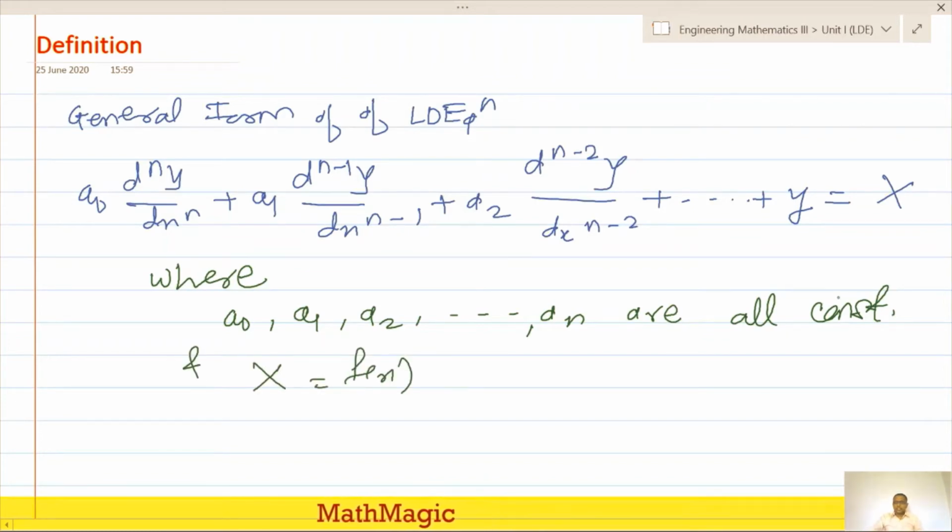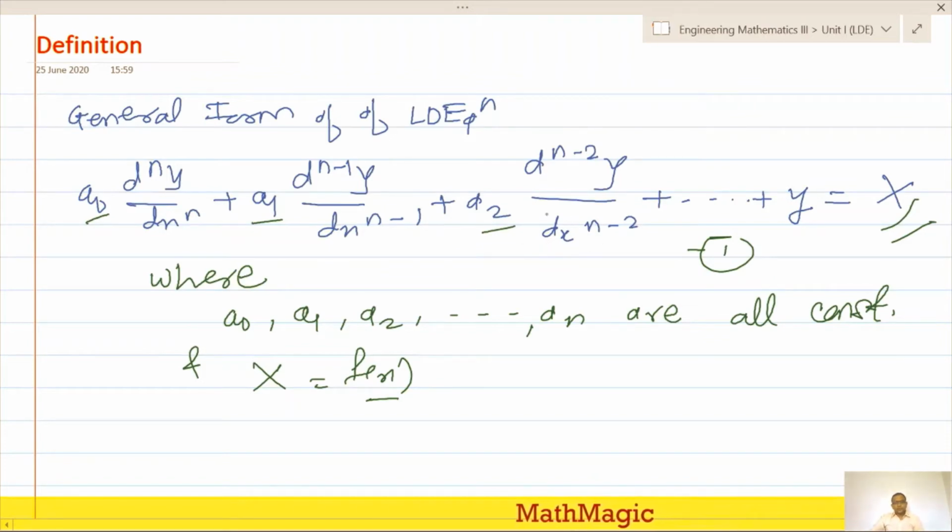See, this x is here. This x should be a function of x. There is no y. Constants should be there, no problem, but a term of y is not there. So this is called the nth order linear differential equation with constant coefficients. These are the constants and these are all the coefficients.